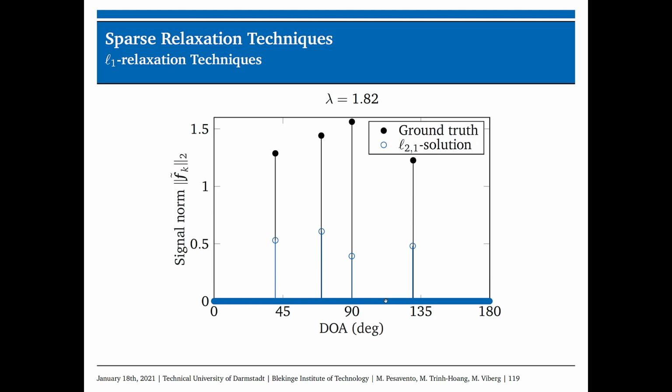The situation is depicted in this diagram for a regularization parameter chosen as lambda equal to 1.82, where we display the row norm representation versus the corresponding angle in the dictionary. However, this choice of lambda, despite the fact that it yields an n-sparse solution, may not necessarily be the preferable choice.